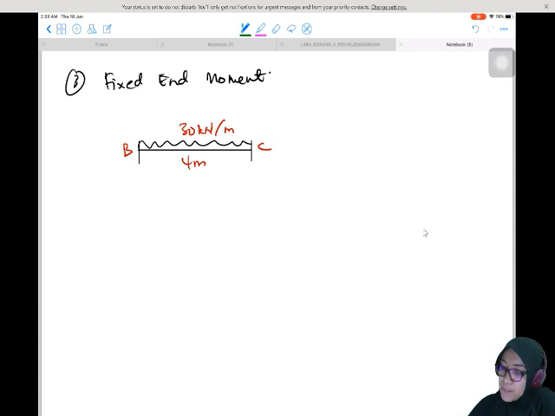So the moment will be applied like this. And by using the formula, we will use WL squared over 12 for this one. So it is 30 times 4 squared over 12. So it is equal to 40.